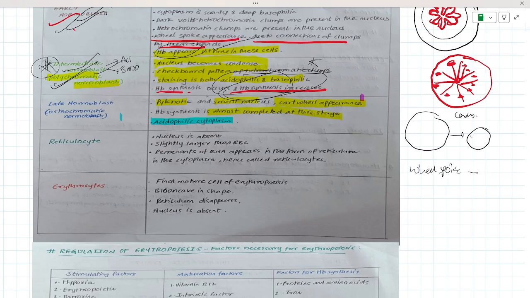Wheel spoke appearance is seen in the early normoblast, whereas the checkboard is seen in the intermediate normoblast, and in the late normoblast it is the cartwheel appearance.